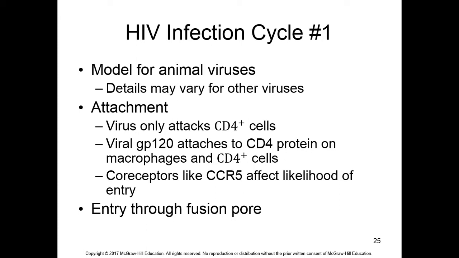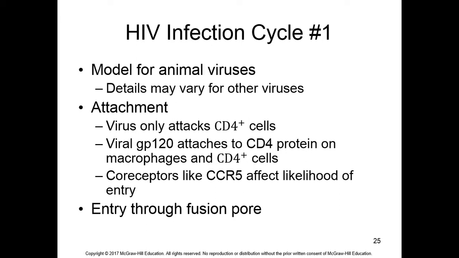On the other hand, for HIV, the virus needs the T helper cells or the macrophages that particularly have the CD4 receptor, and that's why we say that this HIV virus only attacks CD4 positive cells.